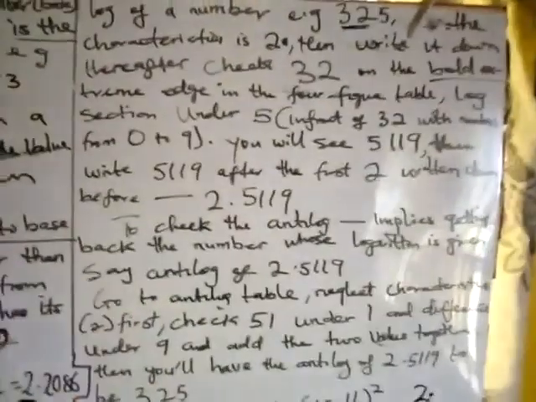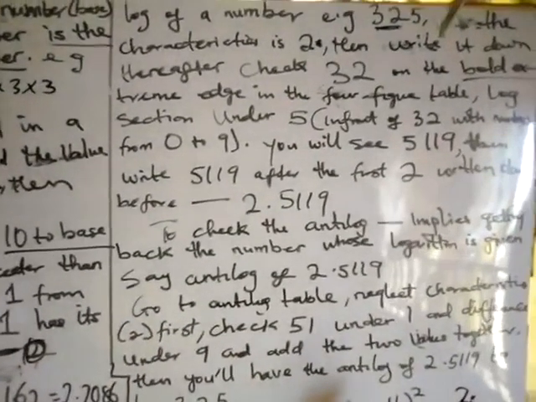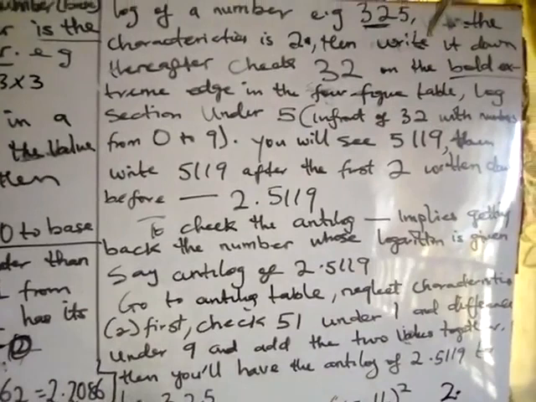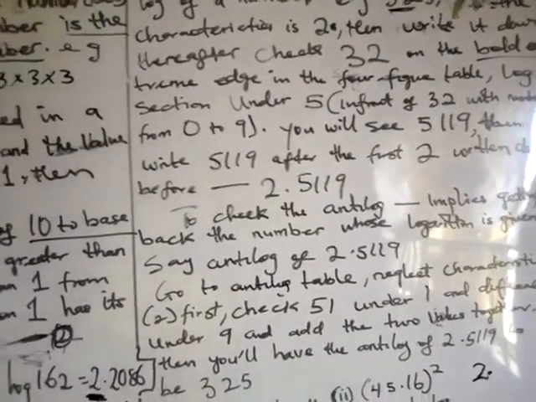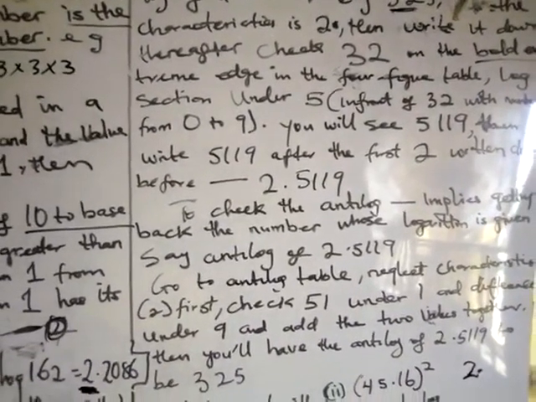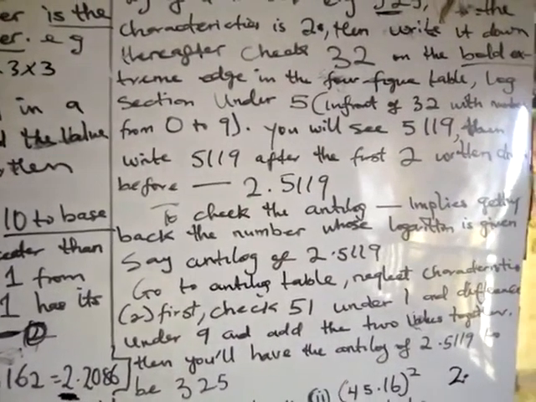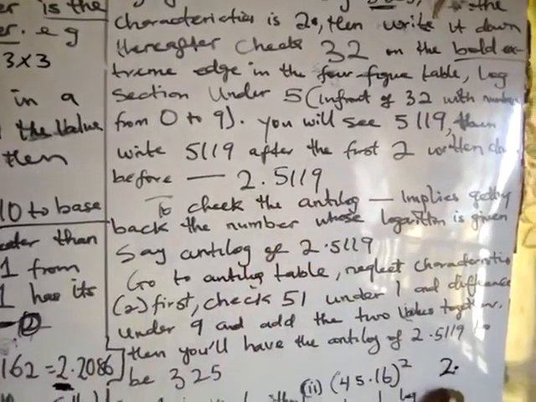In front of that 32, you will see a horizontal row of numbers between 0 and 9. Under that, you look for 5. That's what we call 32 under 5. So after checking for 32, you now trace it like this.